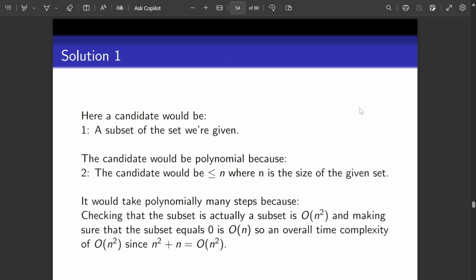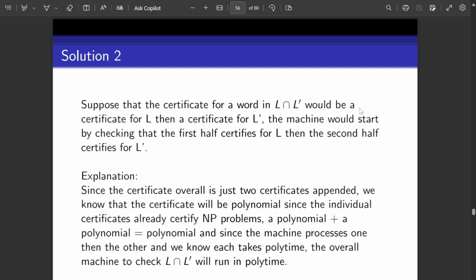Okay, so the solution for this is, suppose the certificate for a word in the intersection of these two languages would be a certificate for L and then a certificate for L prime. And the checking machine would first start by checking the first half of the certificate certifies for L and the second half certifies for L prime.